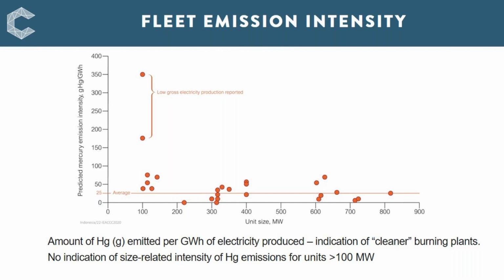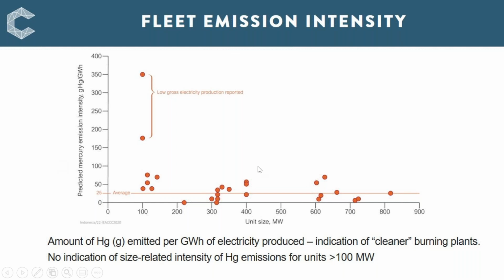Now, to put that into perspective, that is almost identical to the intensity of plants in the USA prior to the introduction of the MATS, the Mercury and Air Toxics rule. So it's just to show you the Indonesian fleet is running no cleaner or no dirtier than the plants in America were before they started to install mercury control strategies.